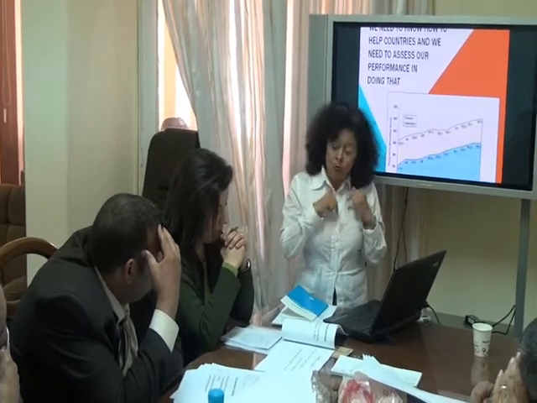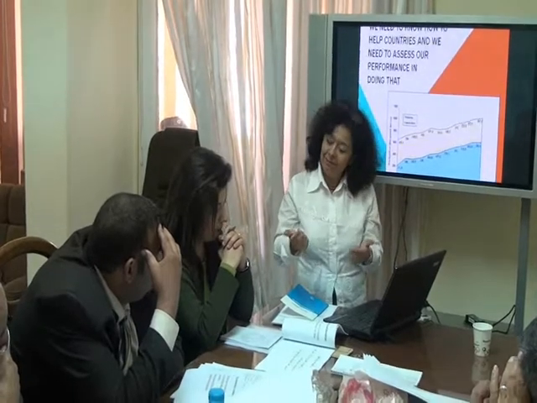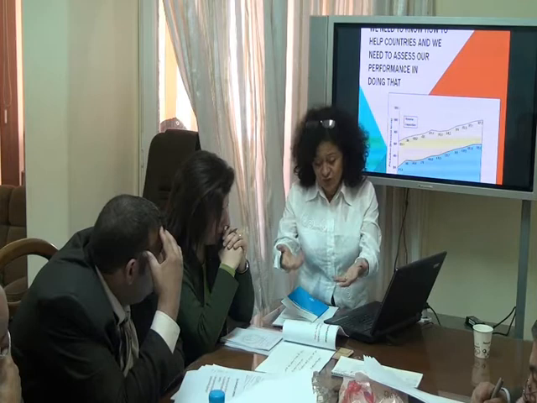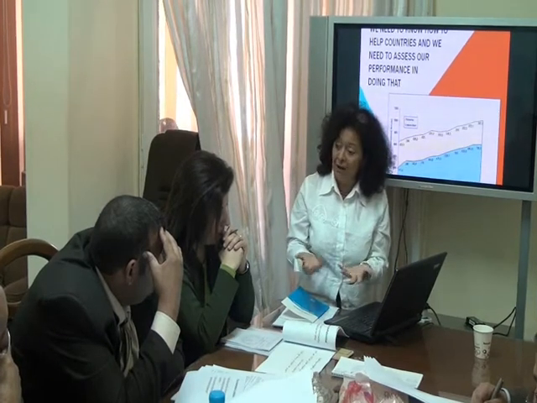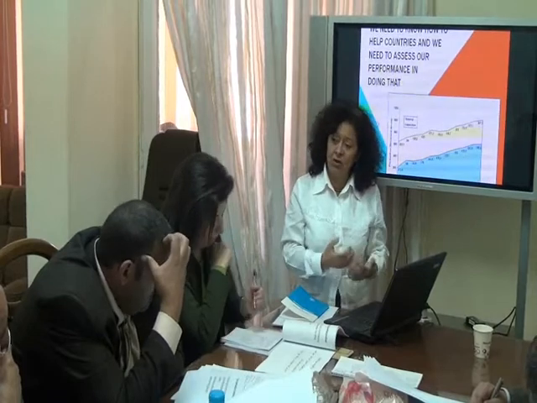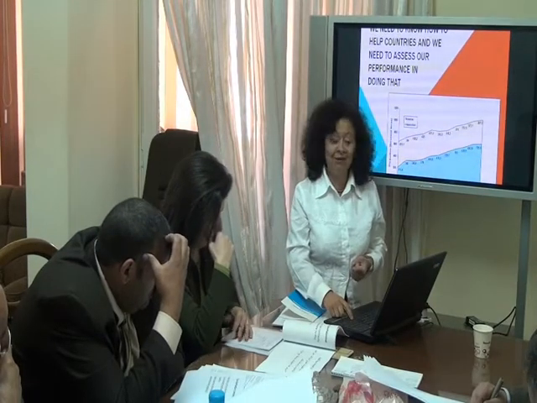And we also need to know if we are doing well. We also need to know if the assistance we provide to you is the good one, the appropriate one. So in this sense, again, the questionnaire and the code should be very relevant.